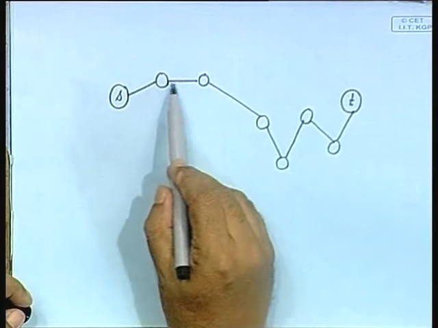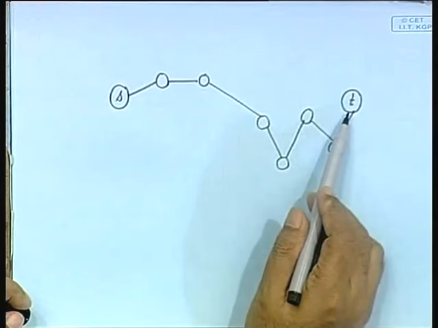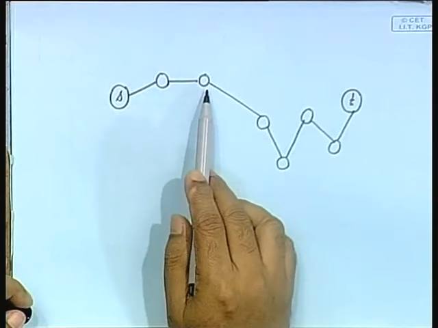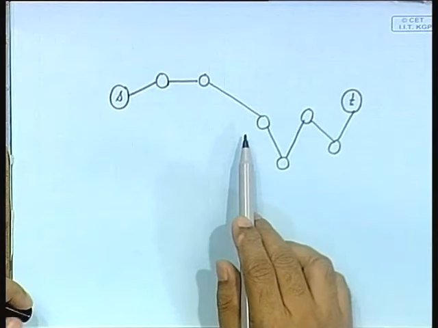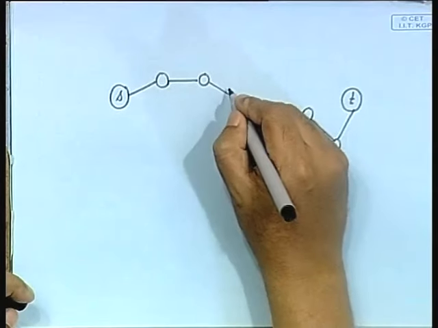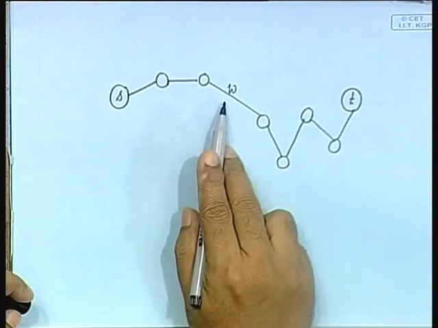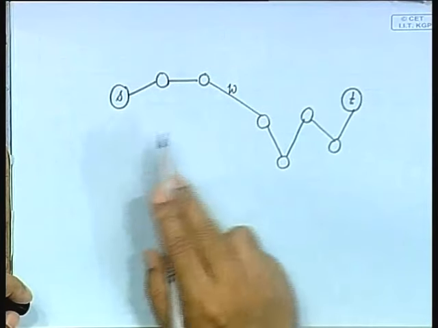So, each of these edges has some weight, and the congestion of this path is determined by the edge having maximum weight. So, let us say that this edge having weight W is the maximum weight edge on the path from S to T in the spanning tree, right.